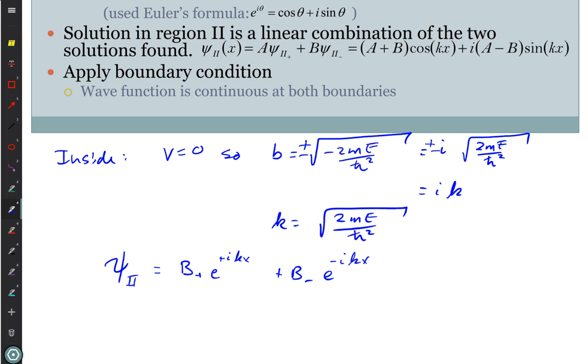That is, it's a linear combination of the two solutions. It's one solution multiplied by some unknown number plus the other solution multiplied by some unknown number. And then we're going to have to use what we call boundary conditions, what's going on at the boundaries, to find what those are.